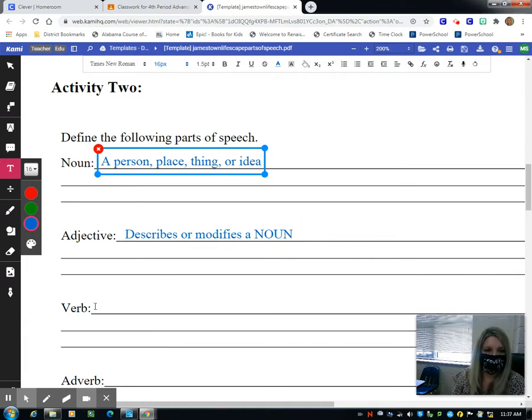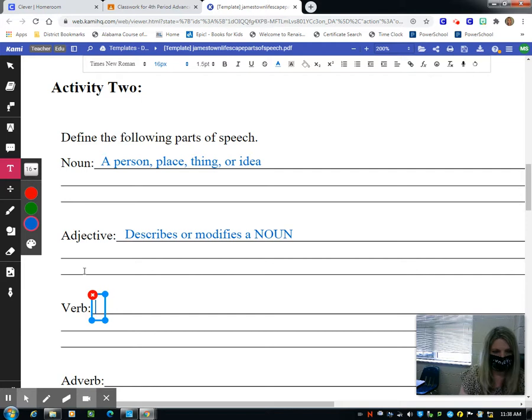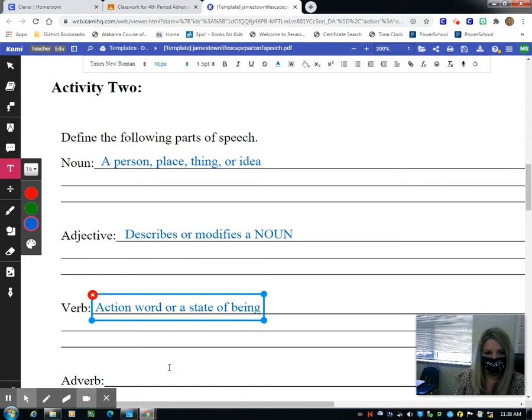Okay, a verb is what, y'all? An action. So it's an action word or a state of being. And we'll talk about what the state of being is. An action word or a state of being.